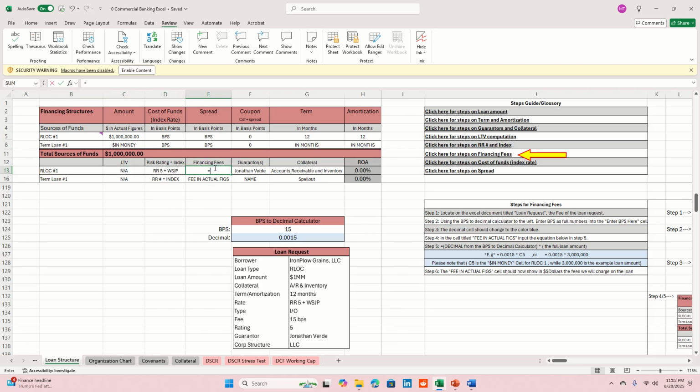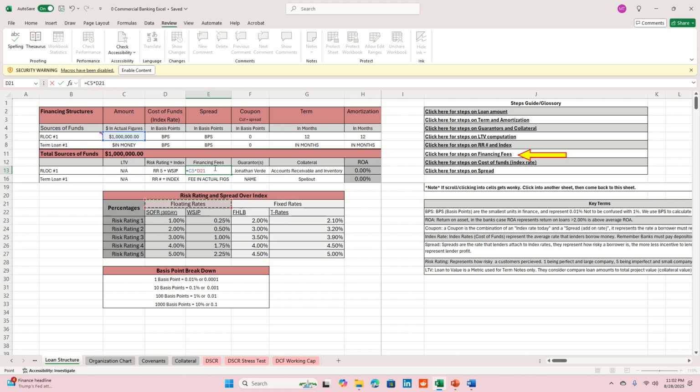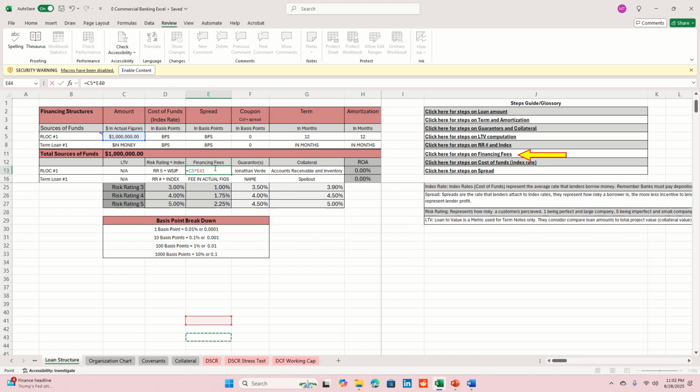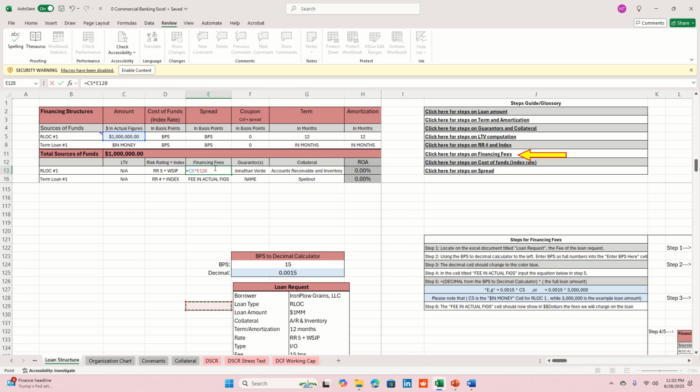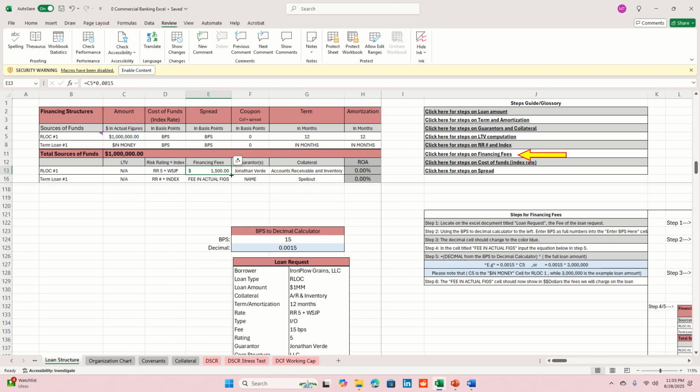So we're gonna do equals, we're gonna go up to this, C5 times F125. Now that's one way to do it. You can also just type in 0.0015. That would have saved me some time. And now we have our financing fees.